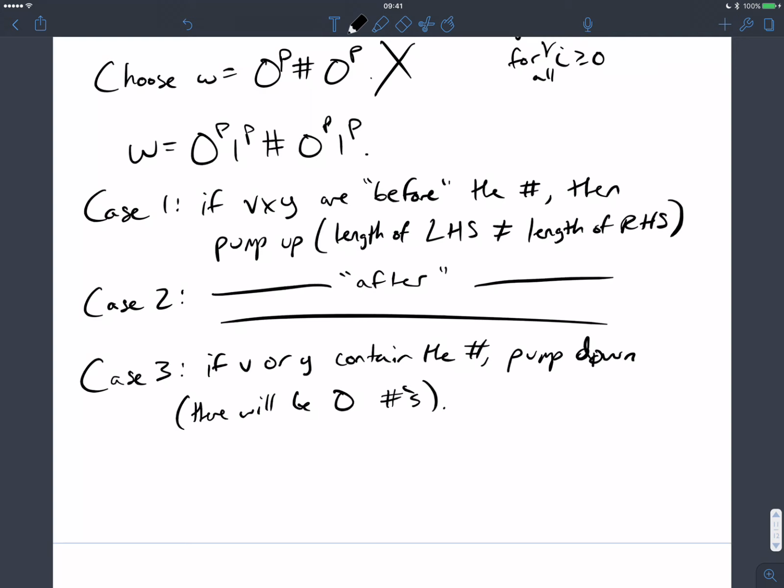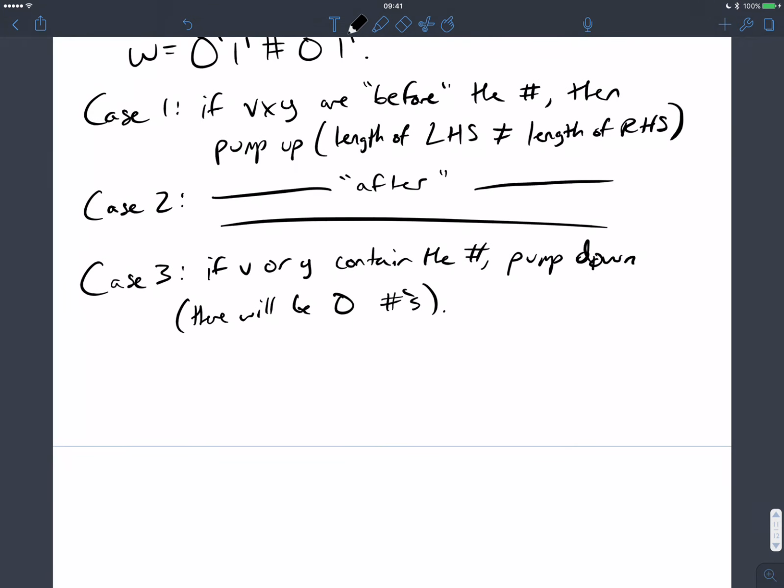Are all those all the possibilities for decompositions? Right. What if v was in the first set of ones and y was in the second set of zeros, but neither of them had the pound sign? Well, that's certainly a case.